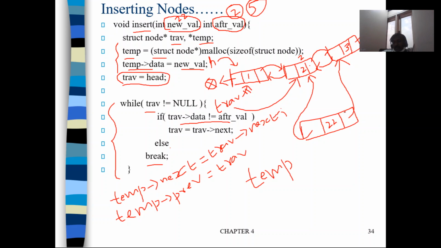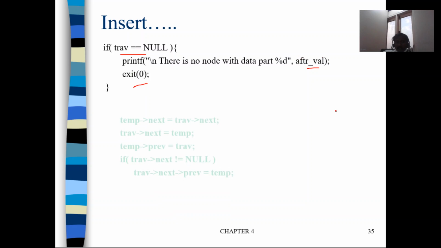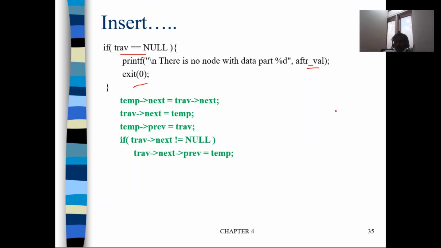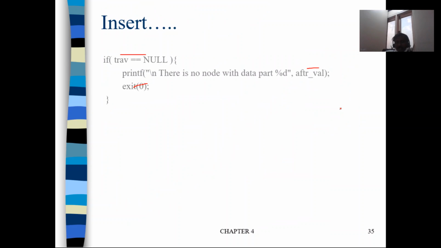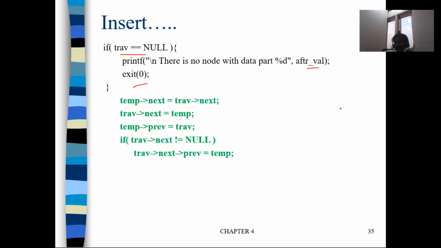Actually, node 3's previous should point to temp, and you have to write that code first. I'll tell you the reason.